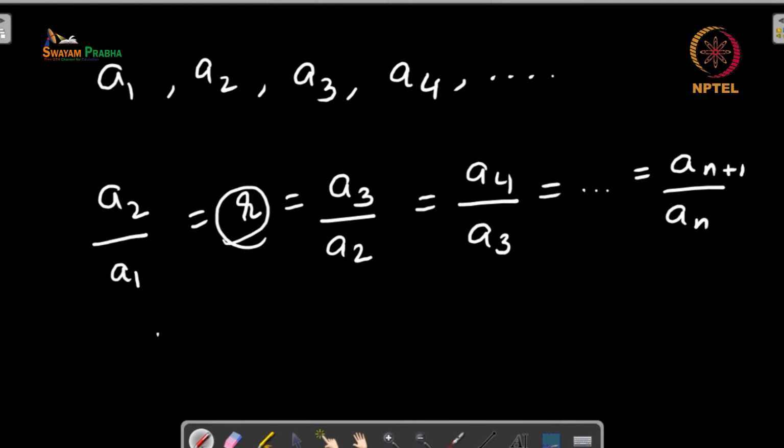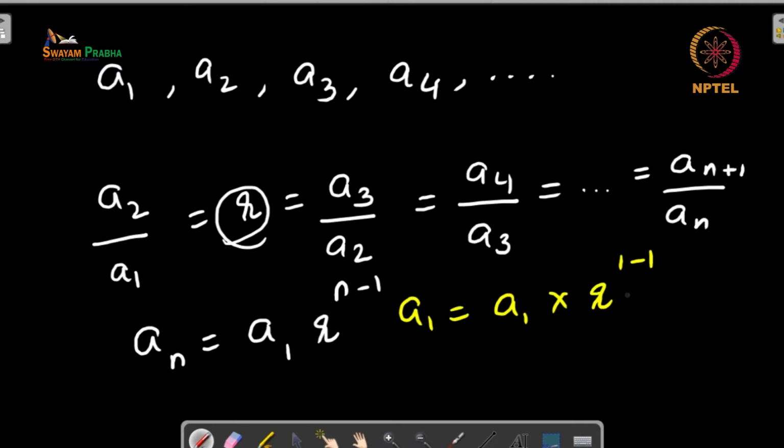Or in other words, we can write that the nth term is given by the first term into r to the power n minus 1. So, for instance, if you put n is equal to 1, in that case you will have a1 is equal to a1 into r to the power 1 minus 1, which becomes r to the power 0 is 1.